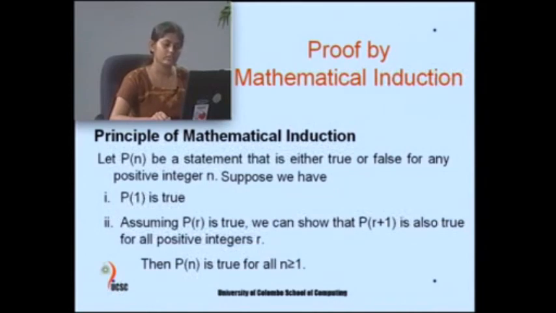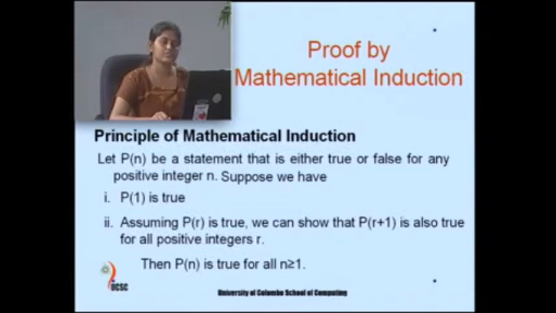What we are going to do is, first we are going to substitute the first value and show that it is true. After that we are going to assume that p is true for the value r. Then we can show from that, that p(r plus 1) is also true.